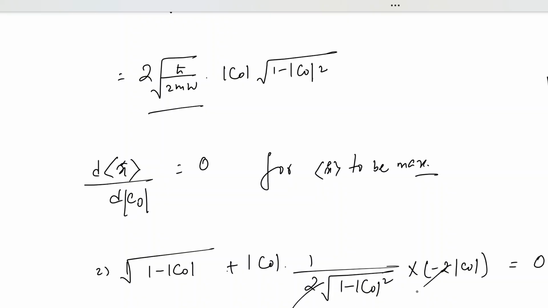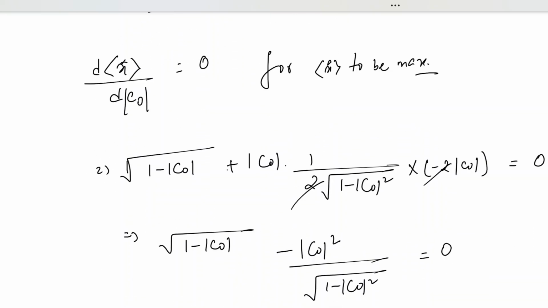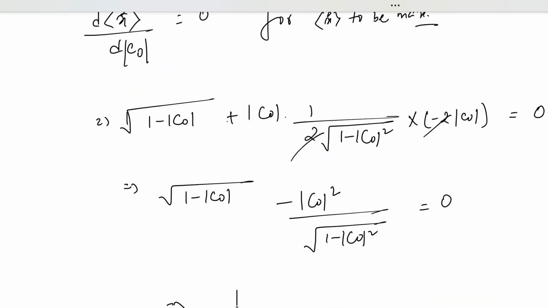This 2 and this 2 cancel out, so this is 1 minus |c0|² minus |c0|² divided by root over 1 minus |c0|² equal to 0.